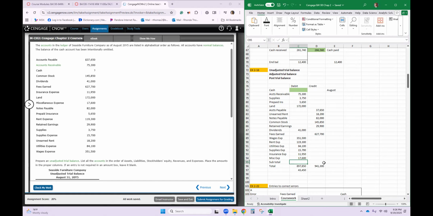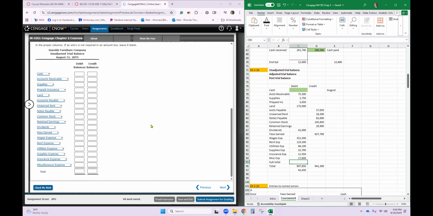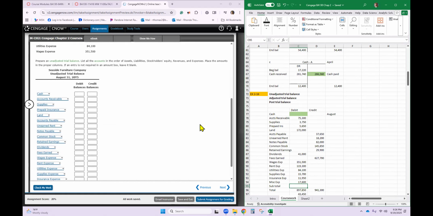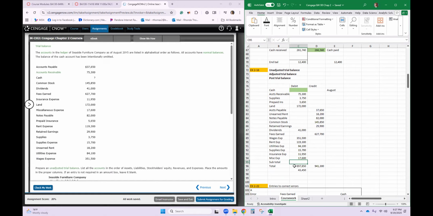Okay. So just to be cautious, I'm going to go back through this one more time. Actually, I'm going to go up from the bottom. So miscellaneous expense, 17,600.